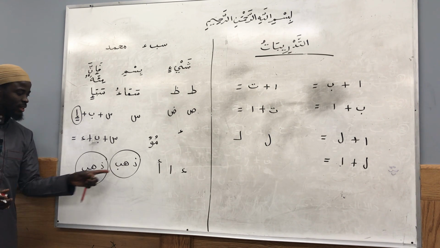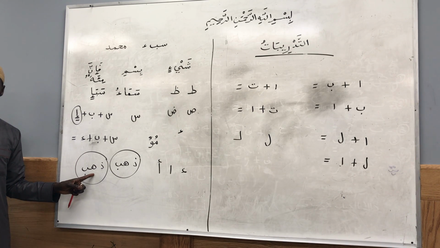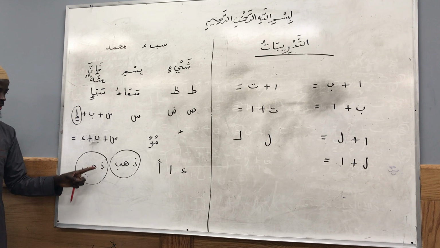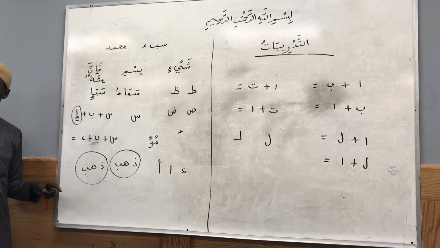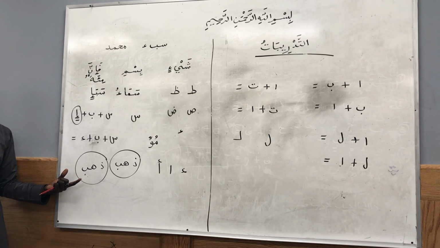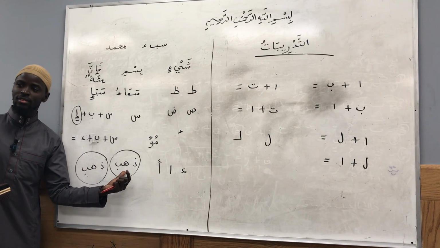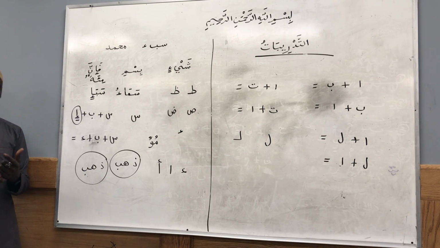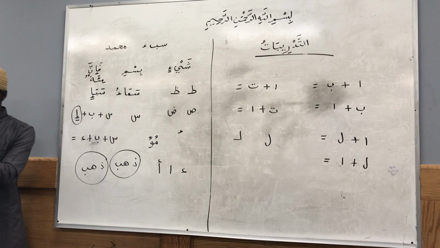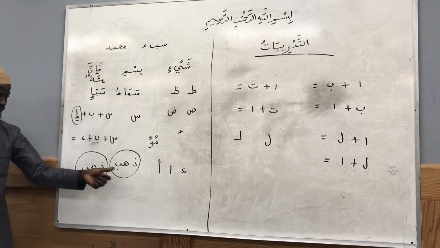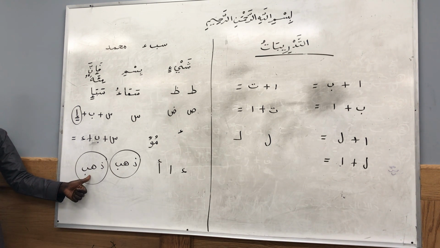Is there any difference between this and this? There's no difference between these two words. So how can you read this Zahaba and how can you read this Zahaba? First thing, you have to know the word Zahaba exactly. If you see it, you know that this is Zahaba, right? And then you can read this Zahaba, you can read this Zahaba.